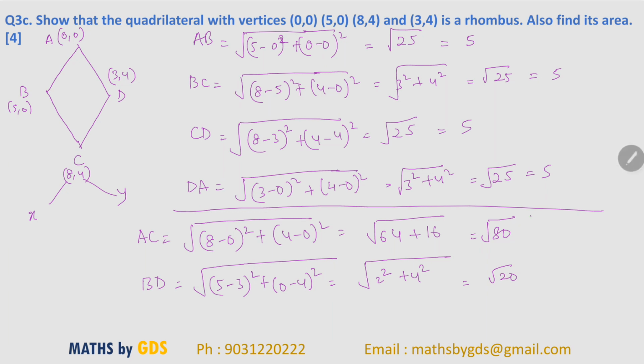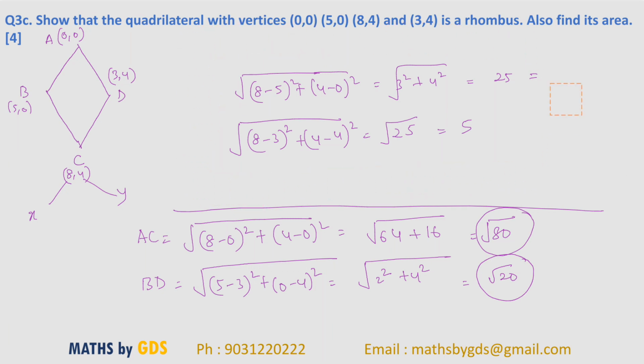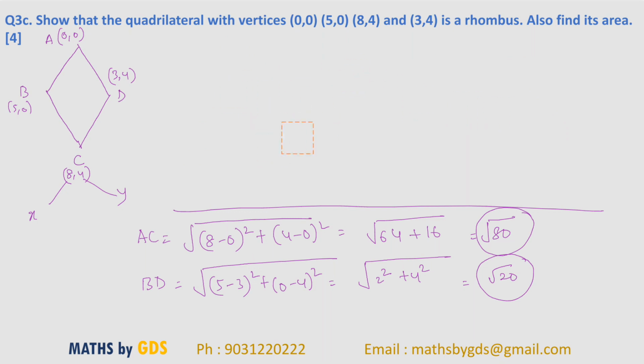Just remember, first diagonal is under root 80 units, and the second diagonal is under root 20 units. This we need to remember. Or better, I'll keep it on the screen here. So area of rhombus is half into the length of diagonal 1 into the length of diagonal 2.